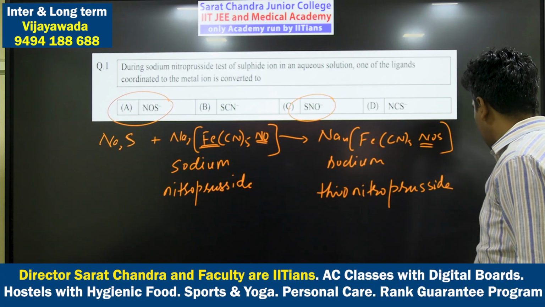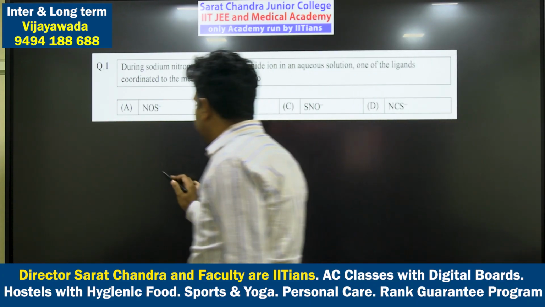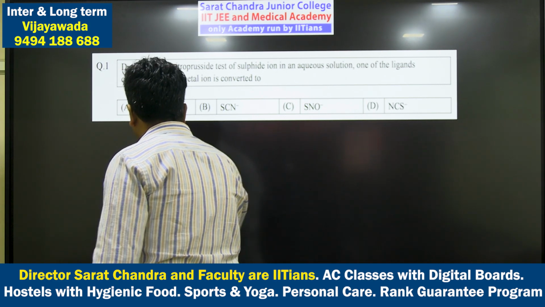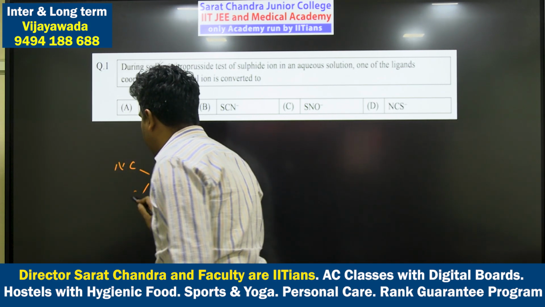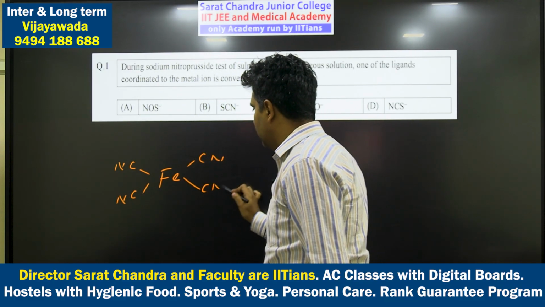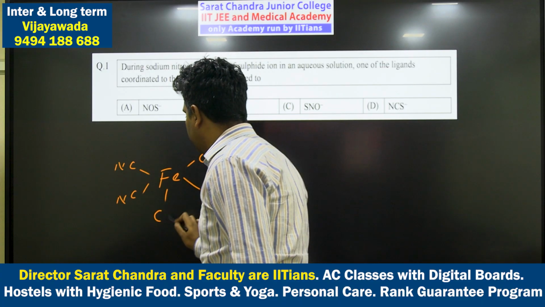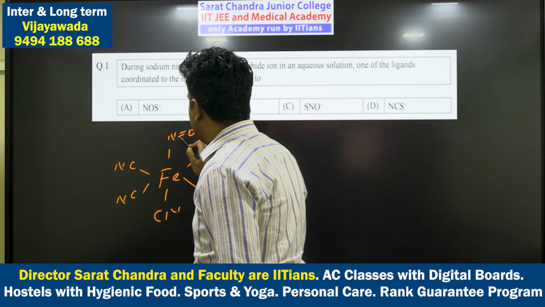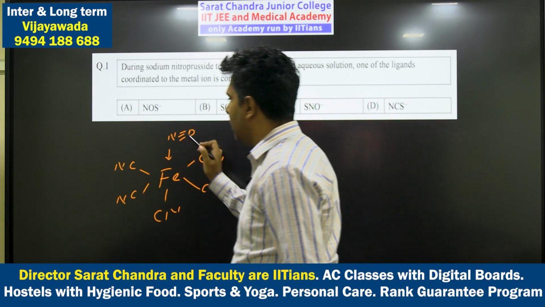In the structure, there is iron bonded to 5 cyanide ligands. The coordinate bond is between carbon and the iron atom. There are 5 cyanide ligands and 1 NO, and the bond is between the nitrogen and the iron atom.